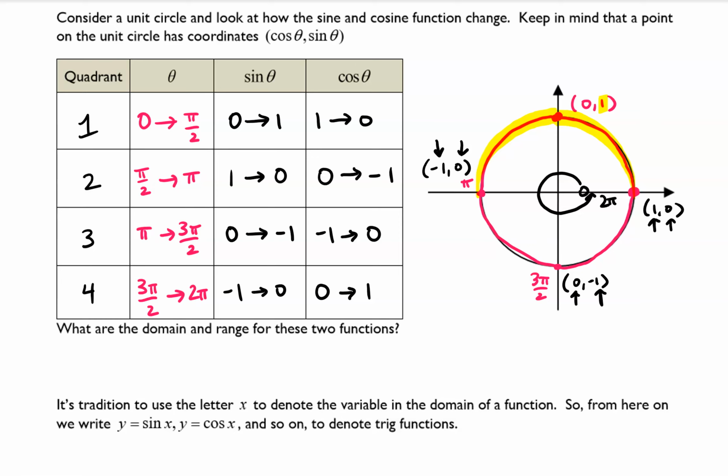I can also go in the opposite direction. I could start at 0 and go clockwise to -2 pi, and keep going to -4 pi, -6 pi, and so on. So it turns out that the domain for both the cosine and sine functions is -infinity to +infinity.